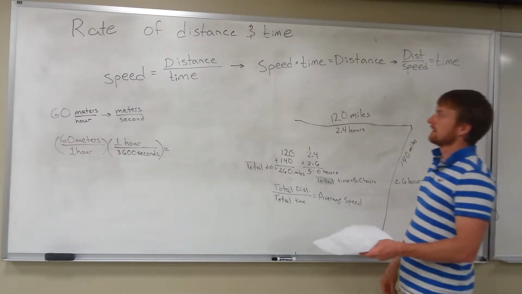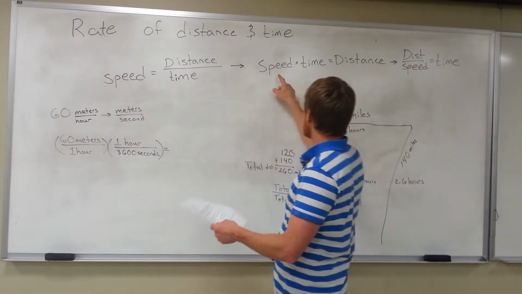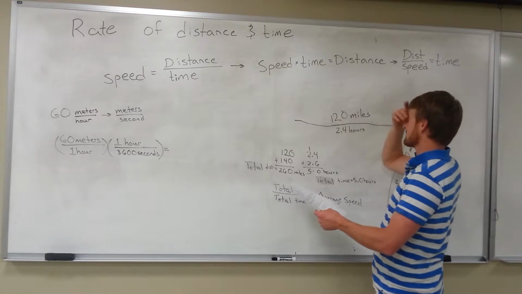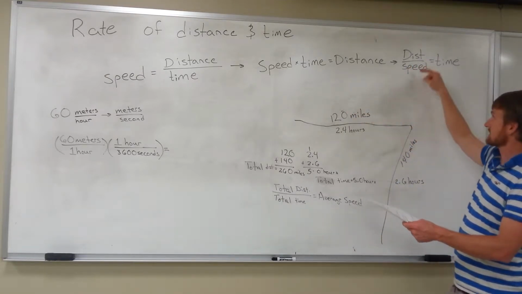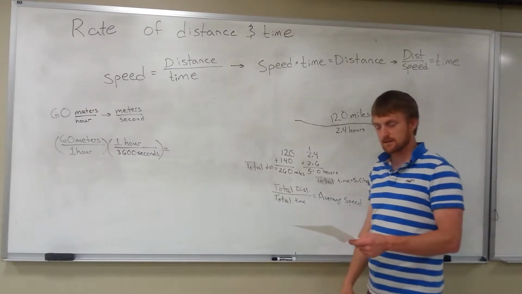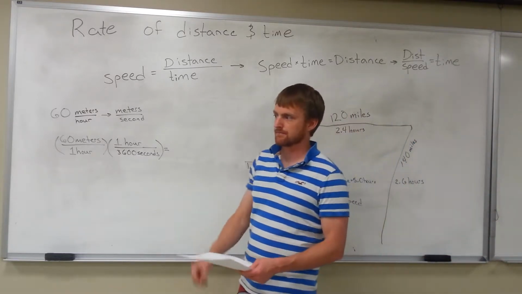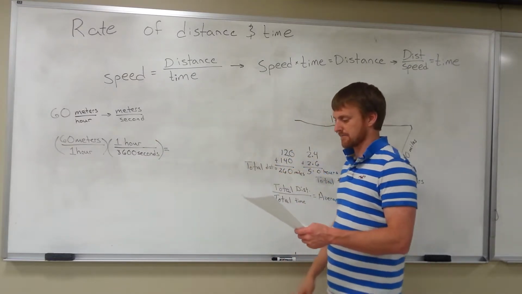Again, multiply both sides by time and you get speed times time is equal to distance. Divide both sides by speed, and you get distance divided by speed is equal to time. Okay? That's the mathematical relation of speed, distance, and time.